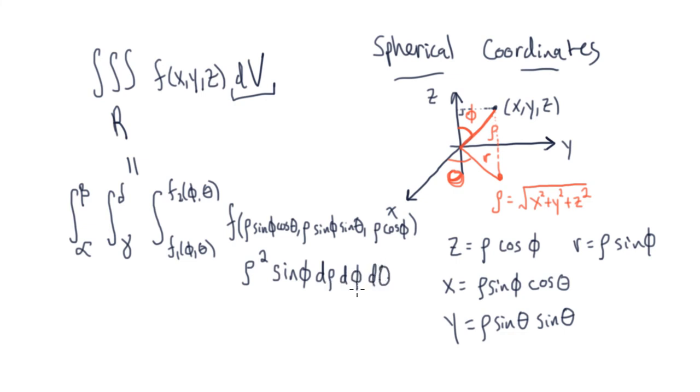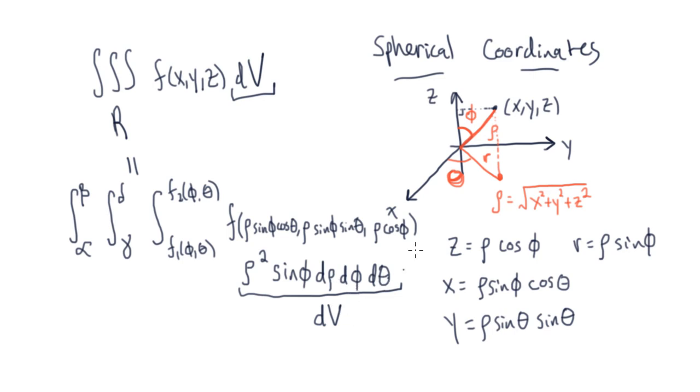And of course these can be switched around, but this is really what dV is. This is what we want to replace. Instead of putting dx, dy, and dz, we put rho squared sine phi d rho d phi d theta. And then this is the setup. So you see that this rho squared sine phi actually becomes part of the integrand.